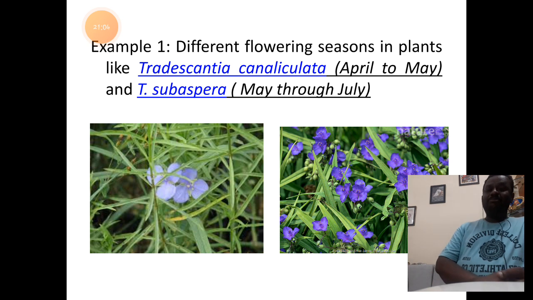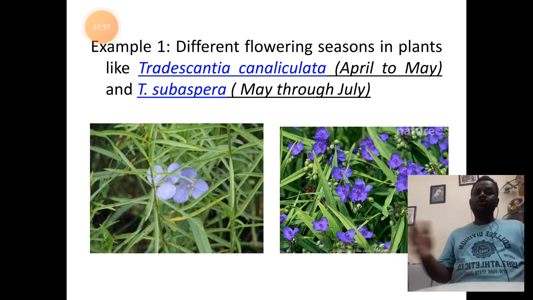Here comes the example of a plant called Tradescantia canaliculata. Tradescantia is the genus name, canaliculata is the species name. Tradescantia canaliculata flowers and breeds during April to May, whereas Tradescantia subaspera breeds during May to July.